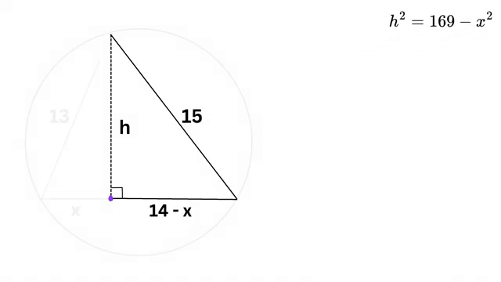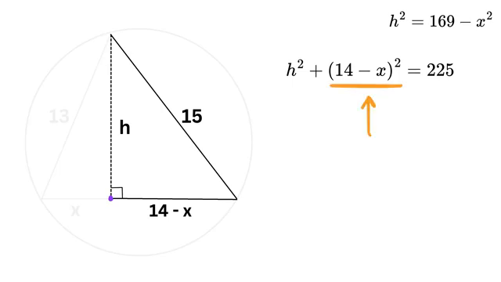Nice! Now let's look at the other small right triangle. This triangle has sides 14 minus x, h, and 15, where 15 is the hypotenuse. Applying the same Pythagoras theorem again, we can write h square plus 14 minus x, whole square equals 15 square. 15 square gives us 225.